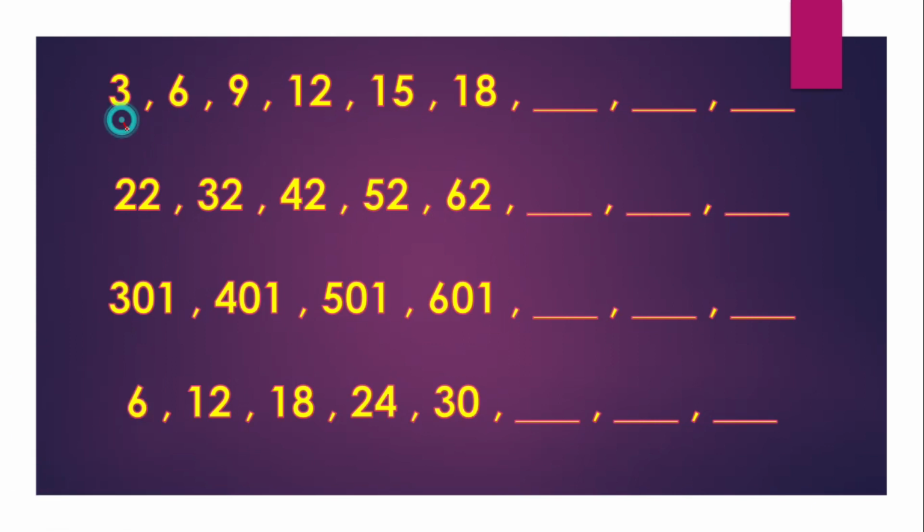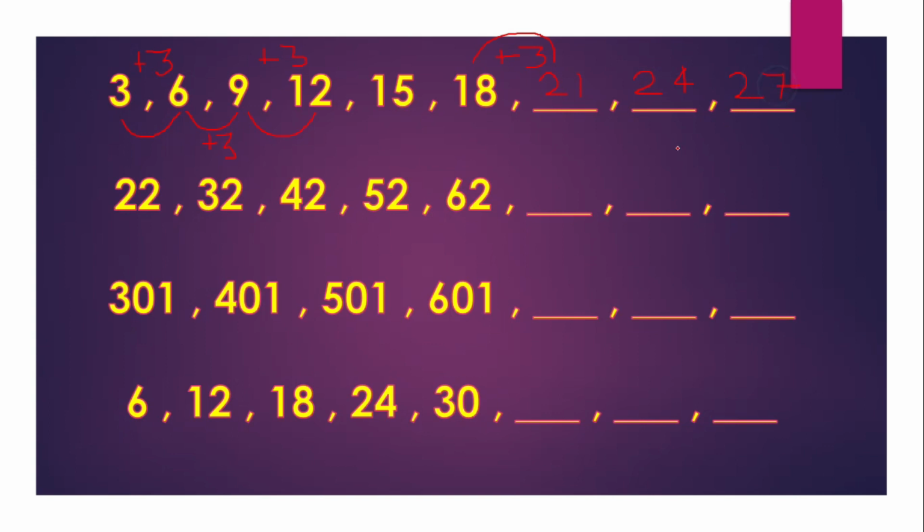And if I carefully observe it, I find it the multiple or the table of 3. 3 1s are 3, 3 2s are 6, 3 3s are 9, 3 4s are 12, 3 5s are 15, 3 6s are 18, and so the next one will be 3 7s are 21, and then 3 8s are 24, and then 3 9s are 27.